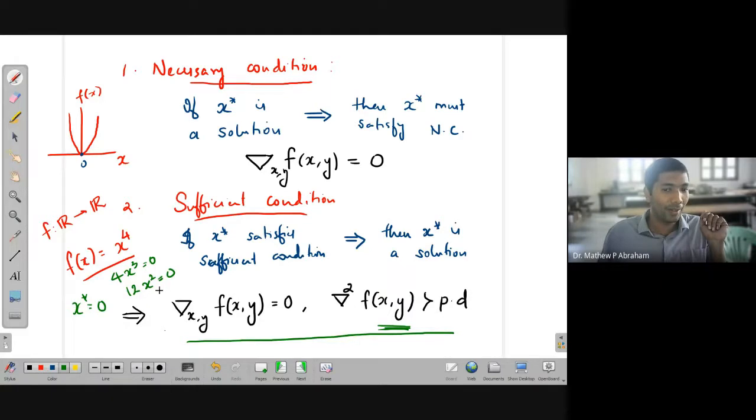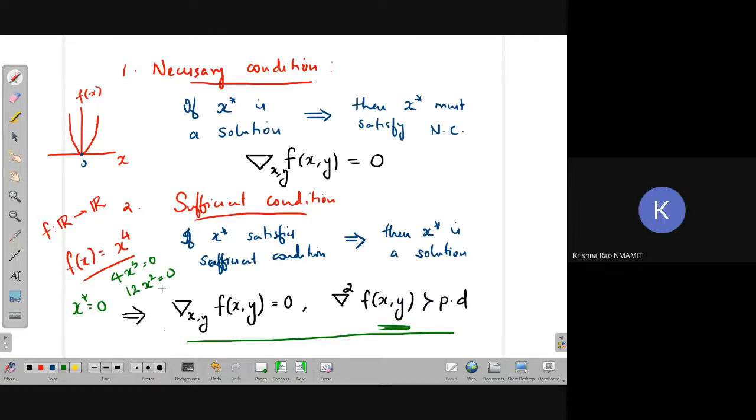But we require that to be greater than 0, not greater than or equal to 0. So what I am saying is that sufficient conditions are not necessary and necessary conditions are not sufficient. Okay, I hope so far it is clear to you.